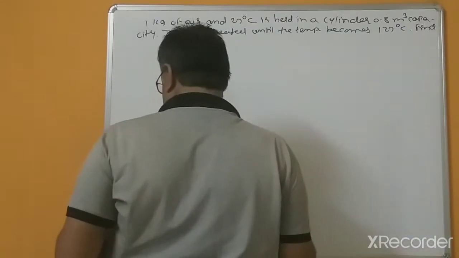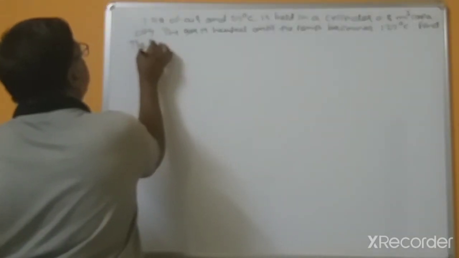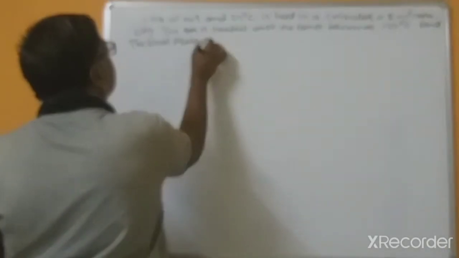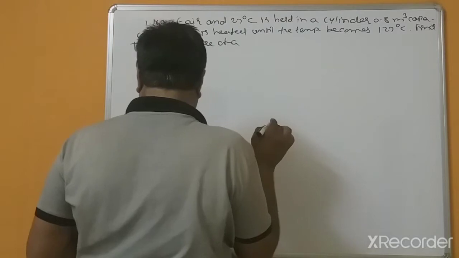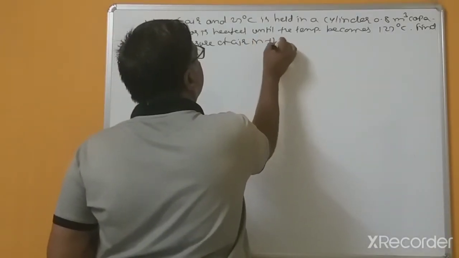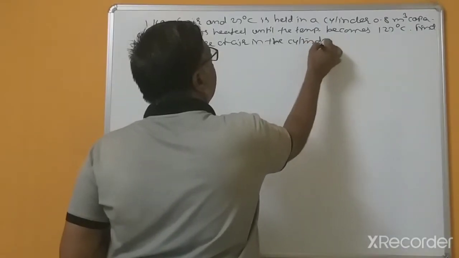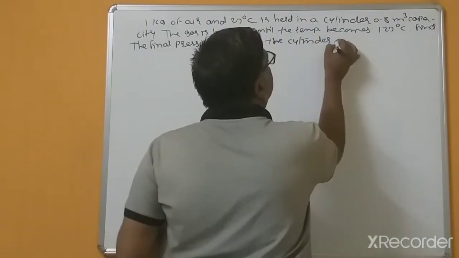Find the final pressure of air in the cylinder and its density.